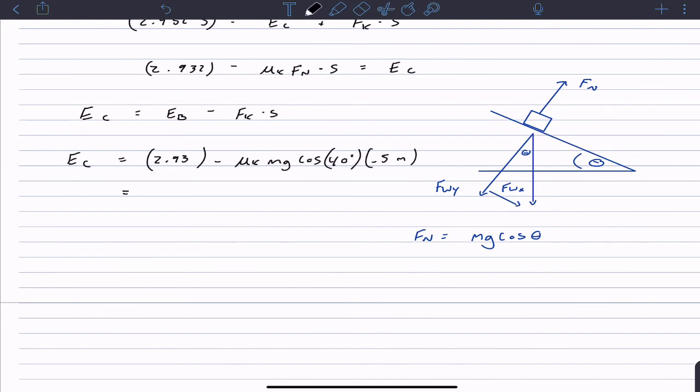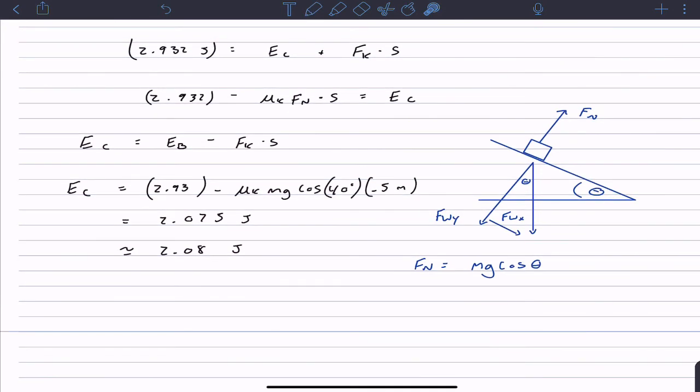Okay, so now we plug that in. I get 2.075 joules, or about 2.08 joules. So that's the energy at C.